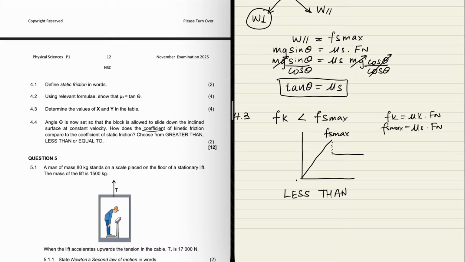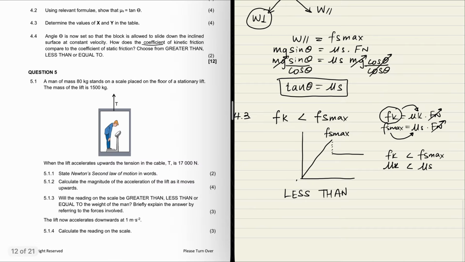Now, because Fn is common to both, we can take away Fn. That means Fk is going to be proportional to mu k, and Fs max is going to be proportional to mu s. So if Fk is less than Fs max, it means that mu k will be less than mu s.